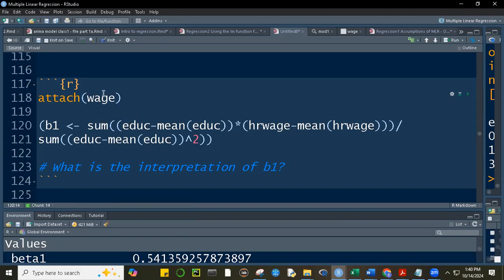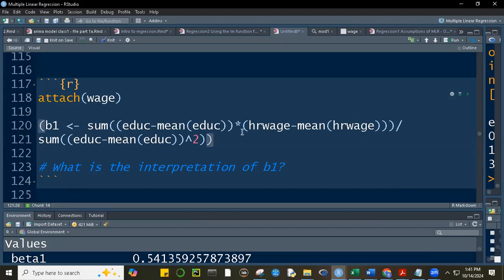So using the attached wage, you can just use education minus mean of education. So this is your X minus X bar. And then your Y is hourly wage minus mean of hourly wage. Okay, close. So may sum tayo dito, and then divided by the sum of the variance of your X, education minus mean of education squared.